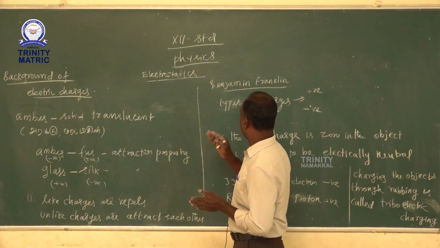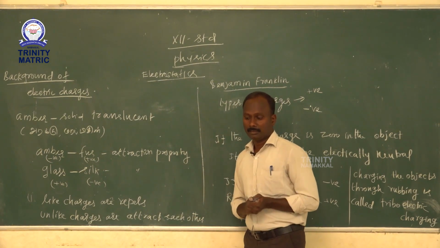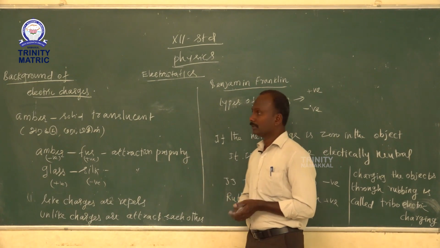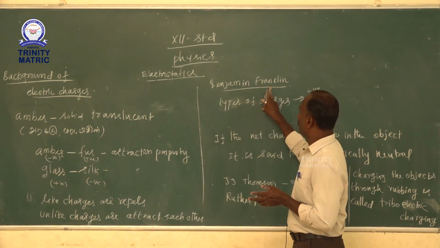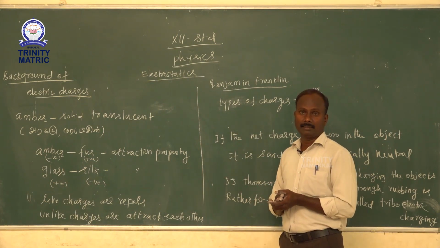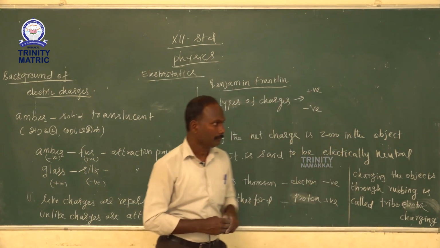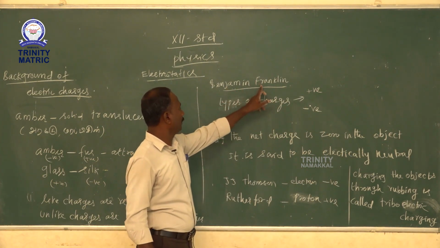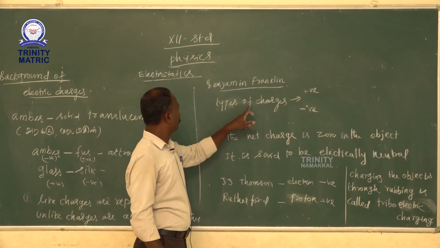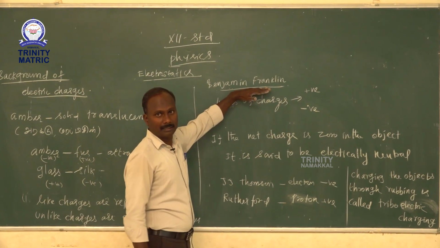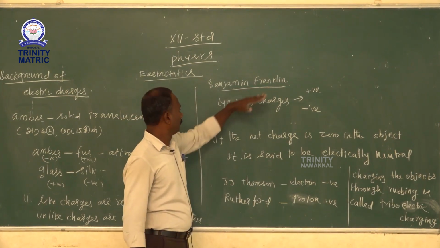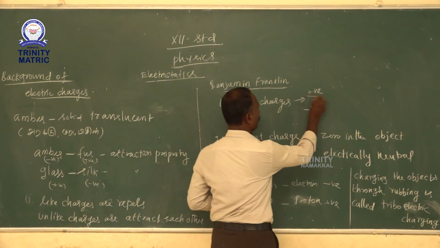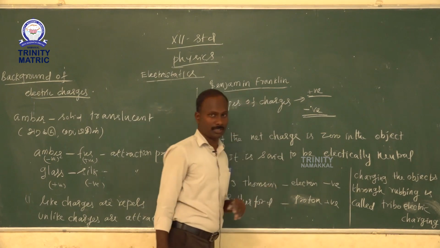In the very beginning, Benjamin Franklin estimated the types of charges. Benjamin Franklin divided the charges into two types: the first is the positive charge, and the other is the negative charge.